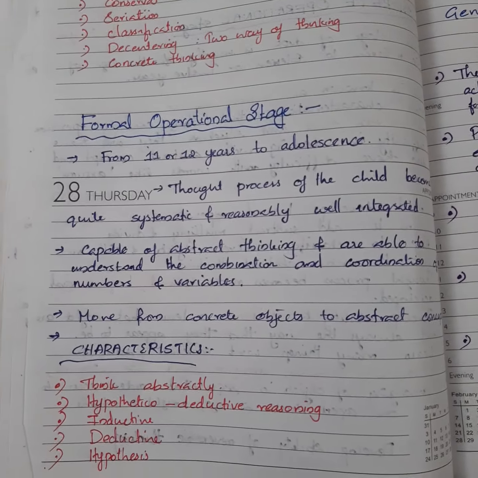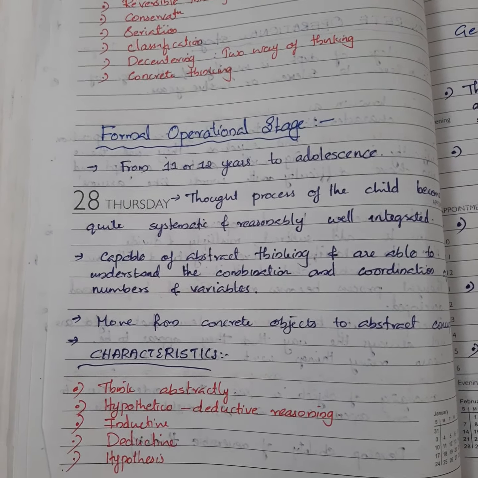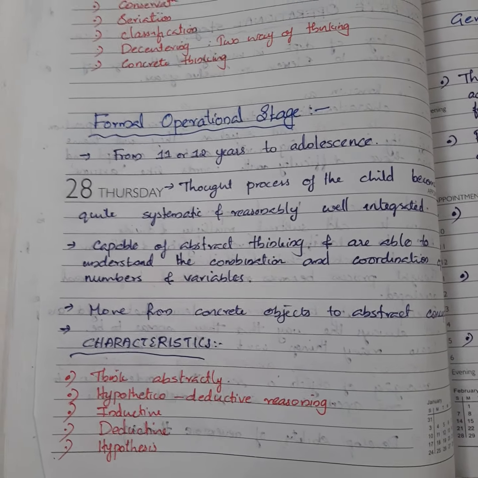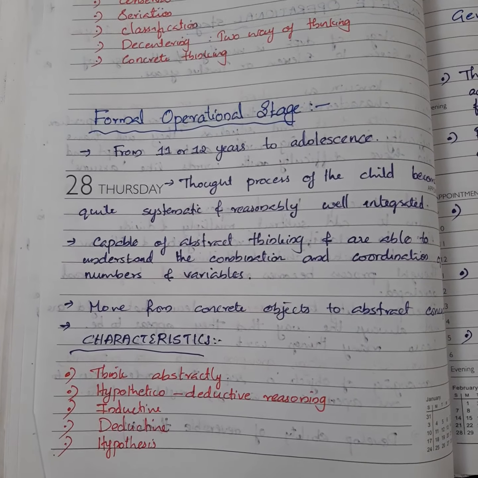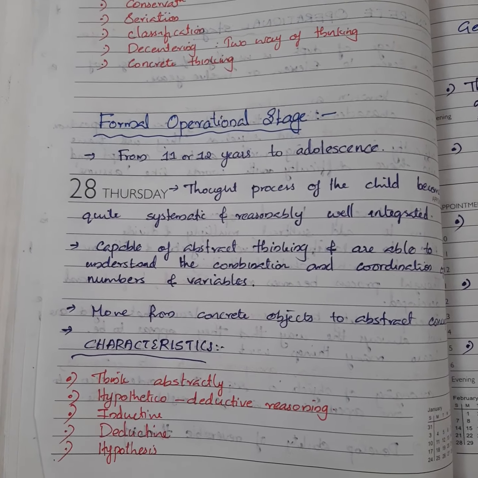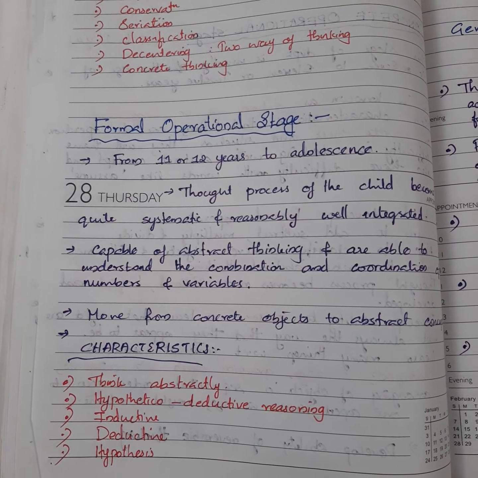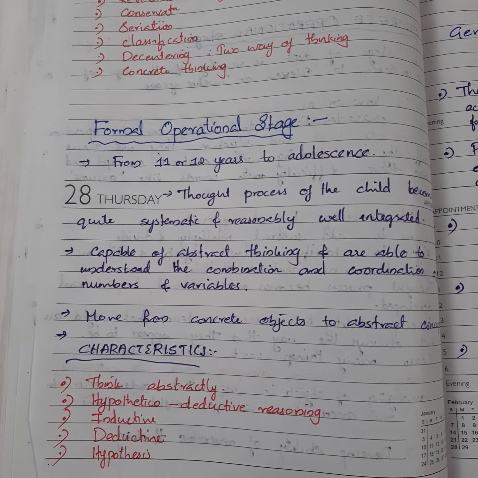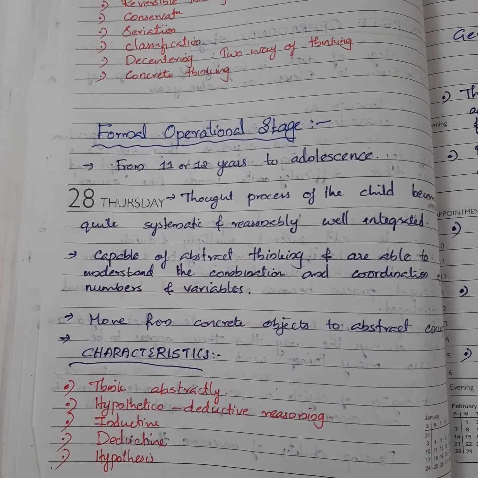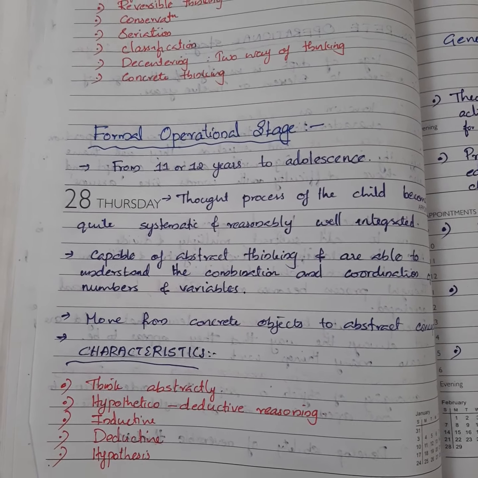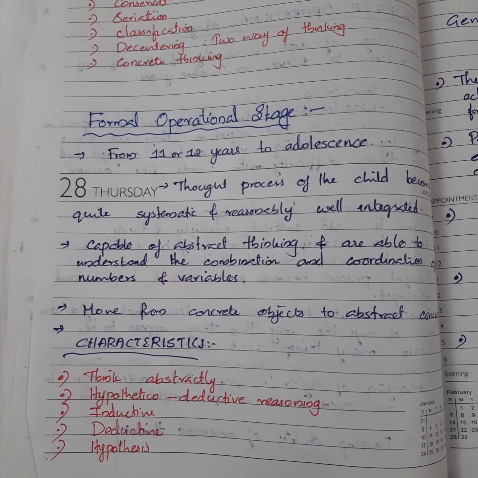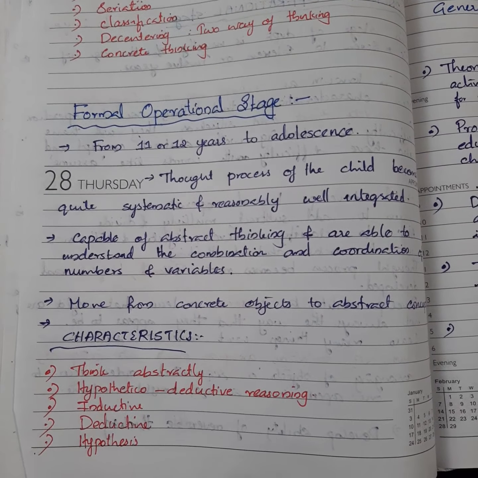Now let's look into the characteristics of the formal operational stage. One is think abstractly, that is hypothetical thinking is possible. Another most important characteristic of the formal operational stage is hypothetico-deductive reasoning. Another one is inductive.